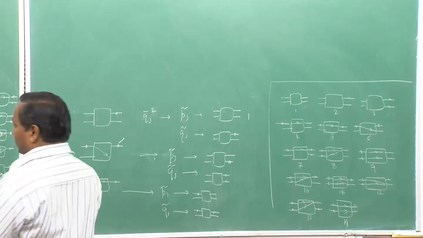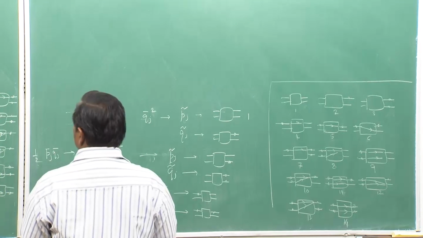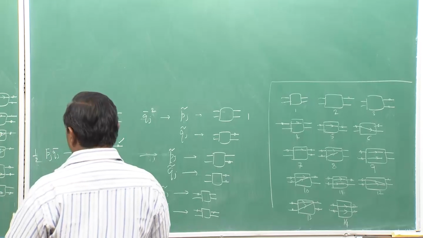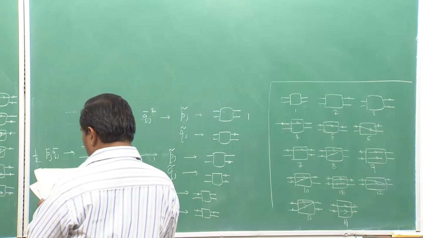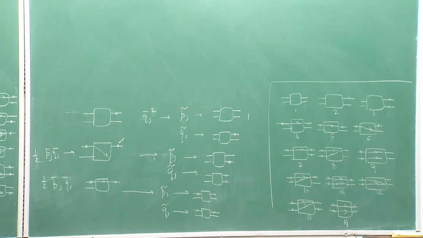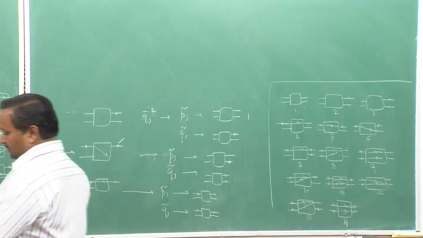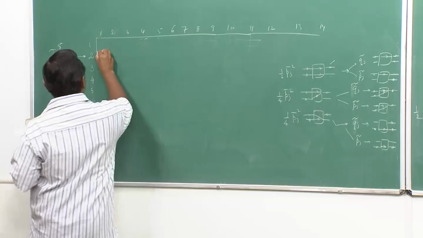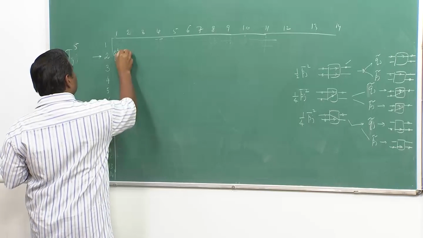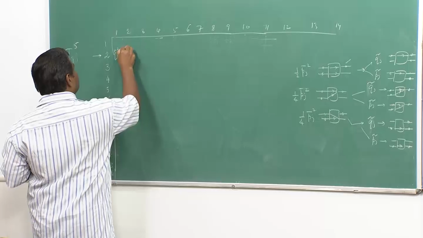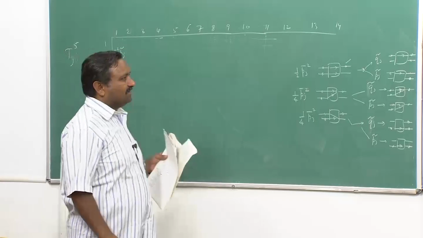So, let me build up. We have been doing it for state 2. So, from 2 I will come to 1 with this probability Qj bar square Pj tilde. Okay.